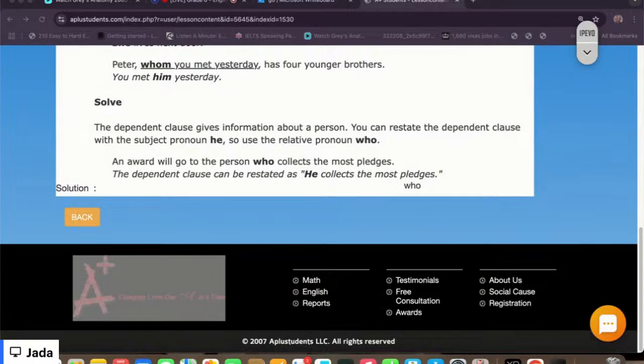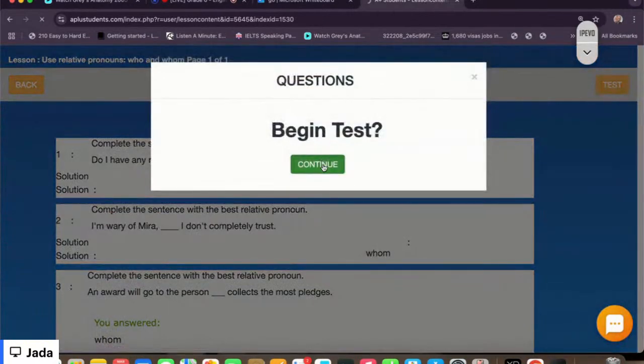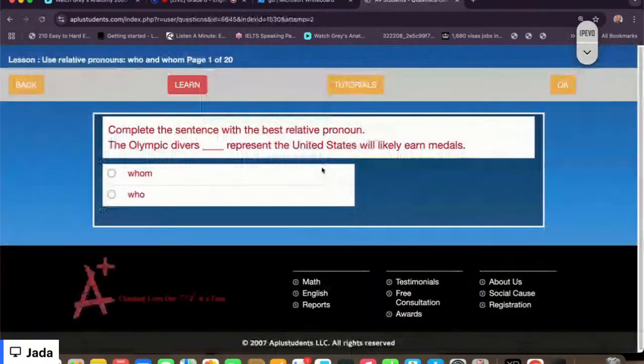Okay, so let's move on to the test. Complete the sentence with the best relative pronoun. The Olympic divers that represent the United States will likely earn medals. Whom or who? What do you think?